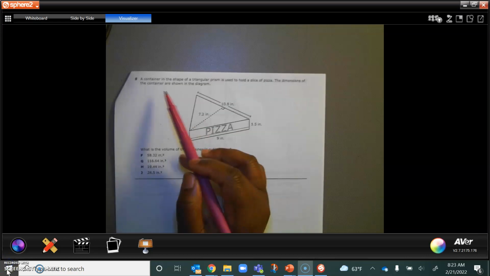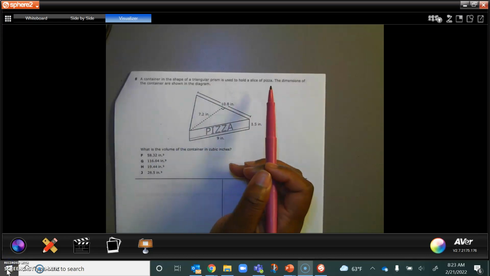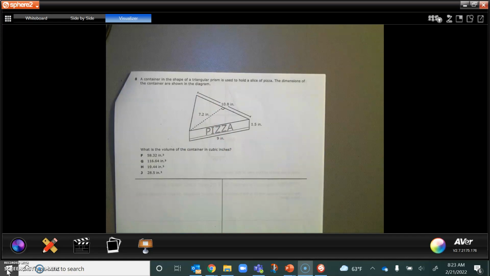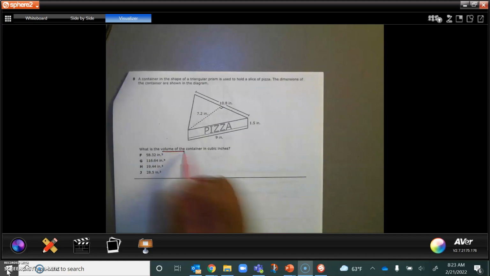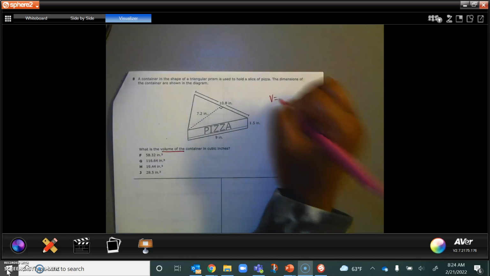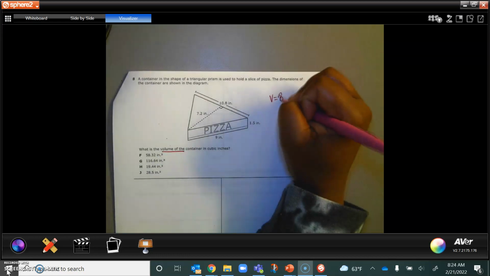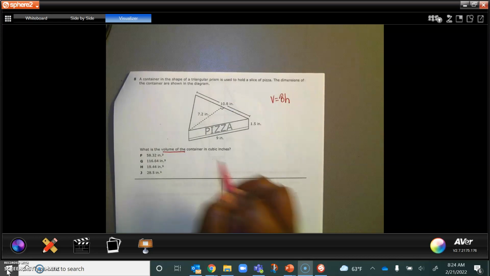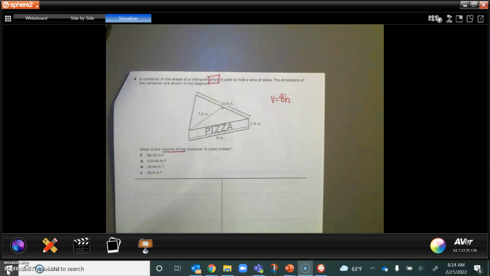So here you have a container in the shape of a triangular prism, and it's used to hold a slice of pizza. What's the volume? So my formula is volume equals area of base times height because it is a prism. But my base is not a rectangle, it is a triangle.